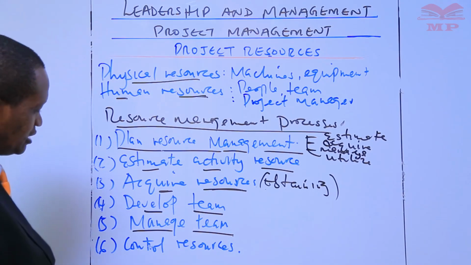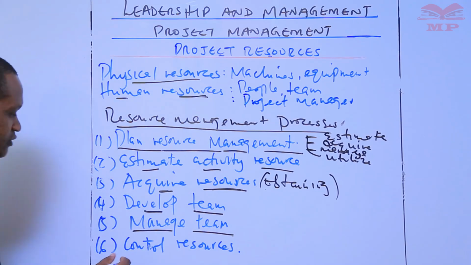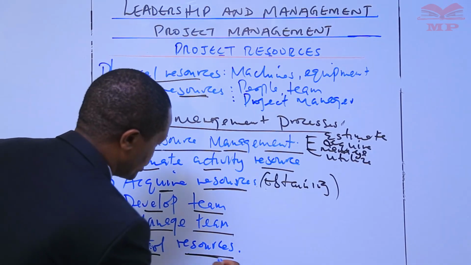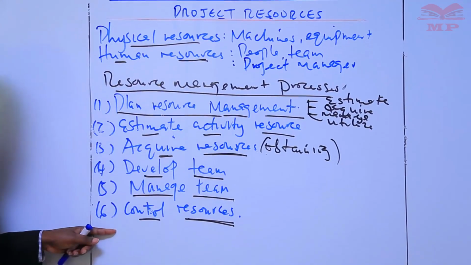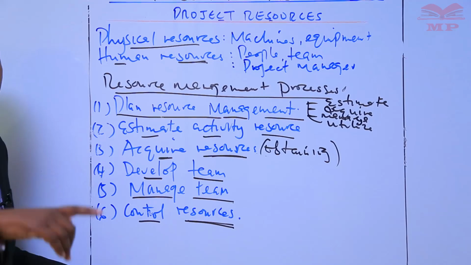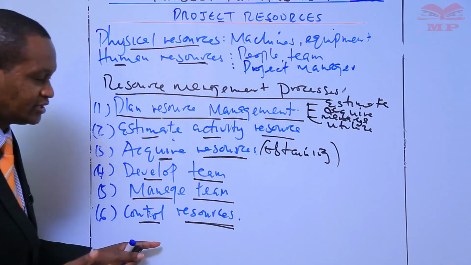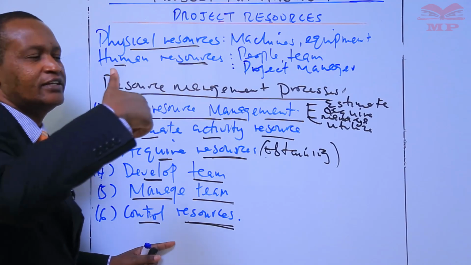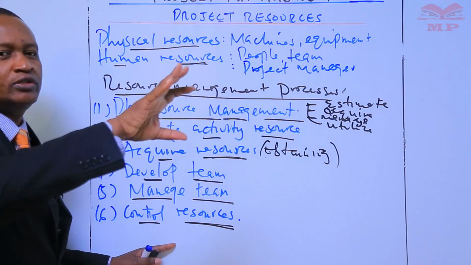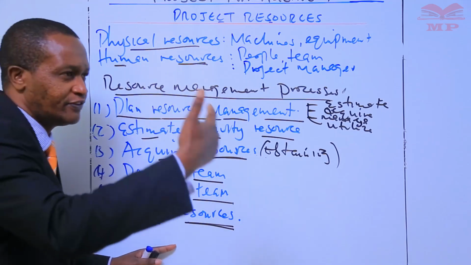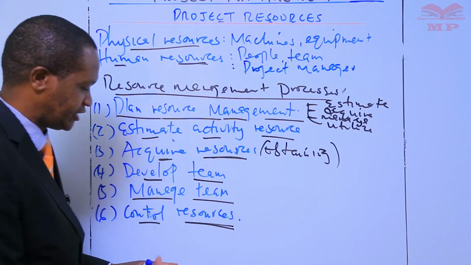Then lastly, controlling resources. This is the process of ensuring that the physical resources assigned and allocated to the project are available as planned, as well as monitoring the planned versus the actual use of resources and performing corrective action as necessary.